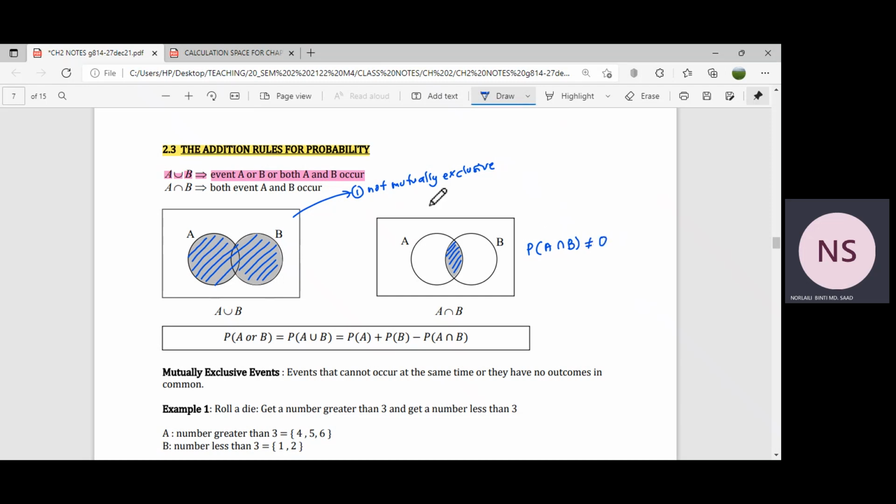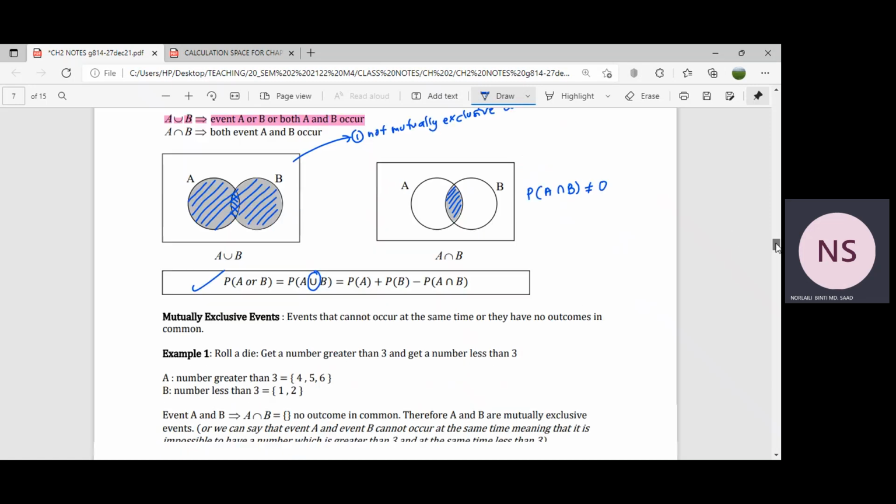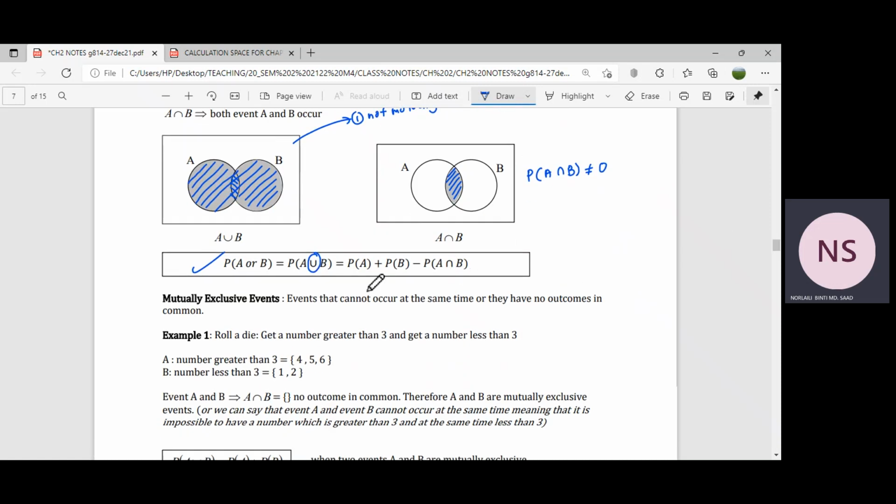Therefore, these are not mutually exclusive events. We look at the addition rules. We have the probability of A or B, so we can use the symbol of union, A union B. We add P(A) plus P(B), and then we subtract the intersection. There we have only one intersection of A and B here.